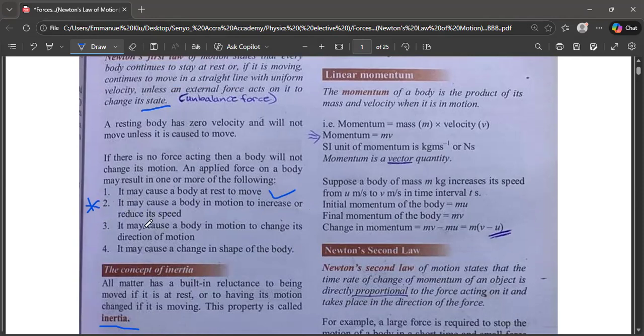Its motion. It may also cause a change in direction, and it may also cause a change in shape. In some cases, a change in shape is the same thing as a change in dimension.